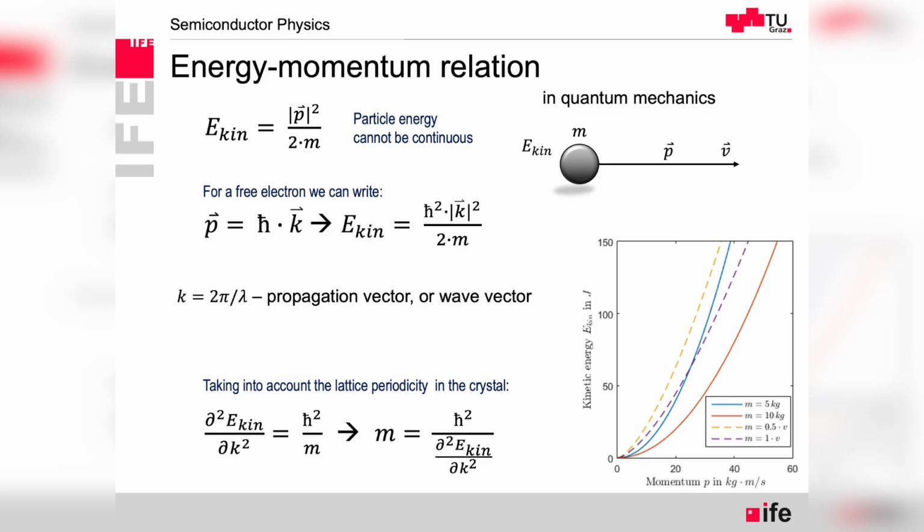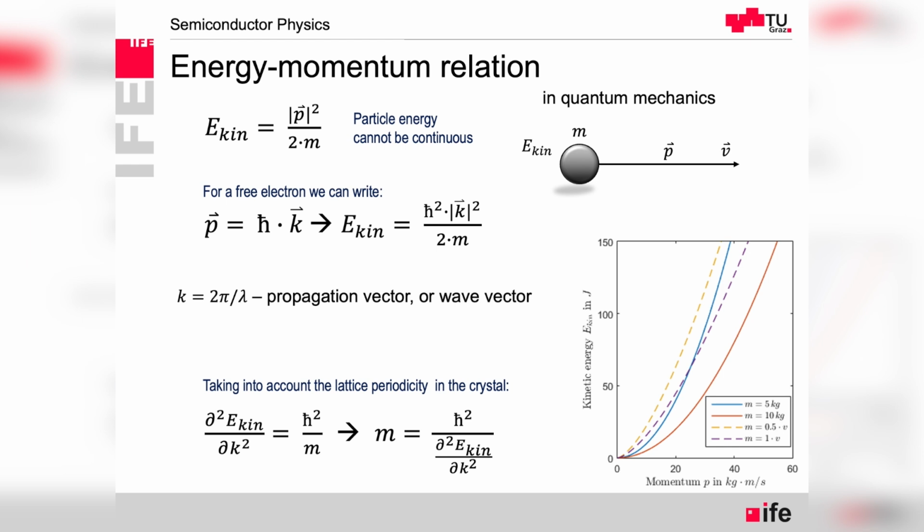Then for the free electron, we can write that the momentum is h bar times the wave vector. The kinetic energy can also be described in terms of this wave vector, and the wave vector is what we have seen as the vectors of the inverse lattice. So that's the connection between the concepts.